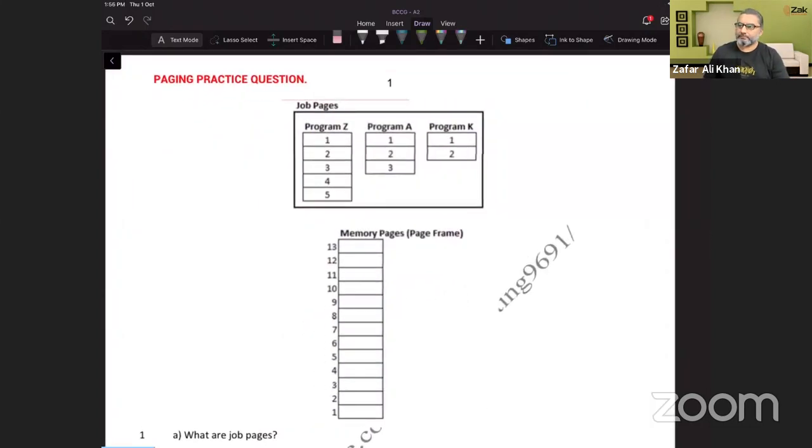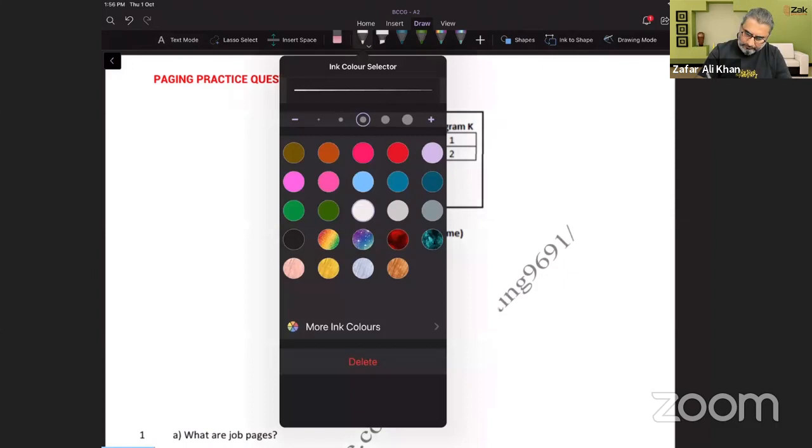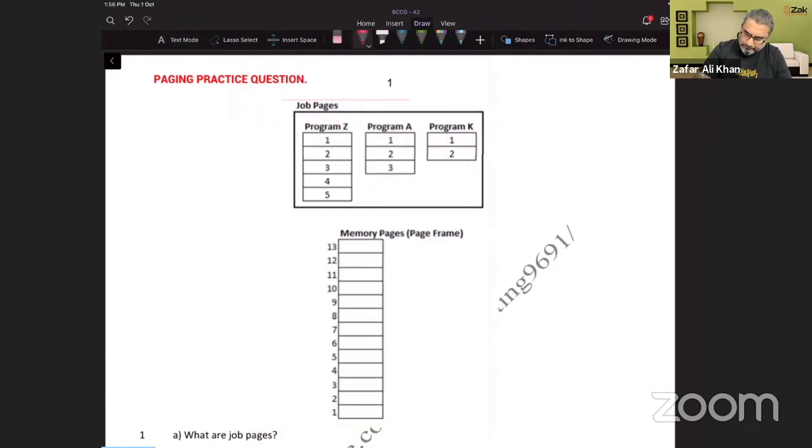All right, so these are logical memory pages.